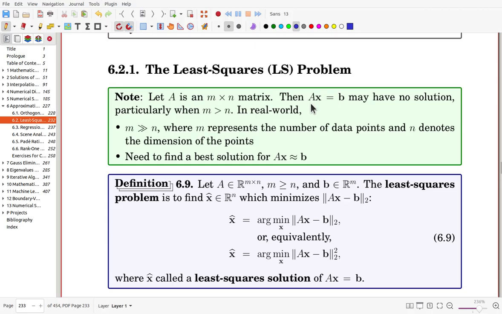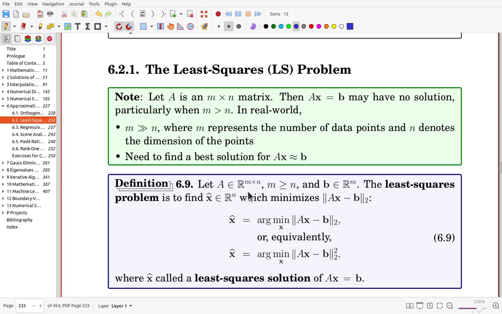Even though we don't have a solution, we may try to find the best solution so that the difference between Ax and b is as small as possible. That's the least squares problem.